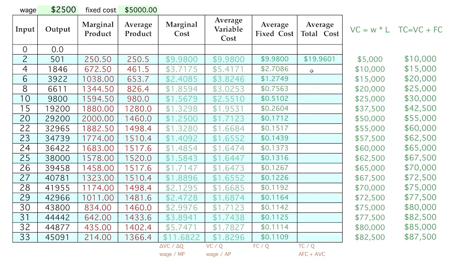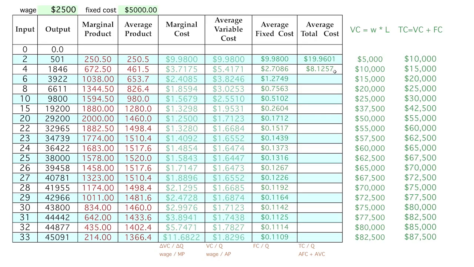To get the average total cost for the next line on the table, what would you do? Well, take your total cost, $15,000, because that's the $10,000 variable cost plus the $5,000 fixed cost. That gives you $15,000 total cost, and divide it by 1,846. If you did that, and I believe the number on this table is doing that directly, you get 8.1256.